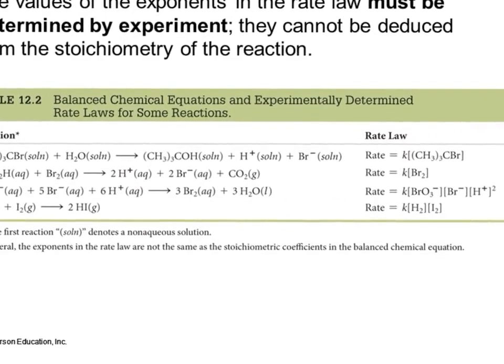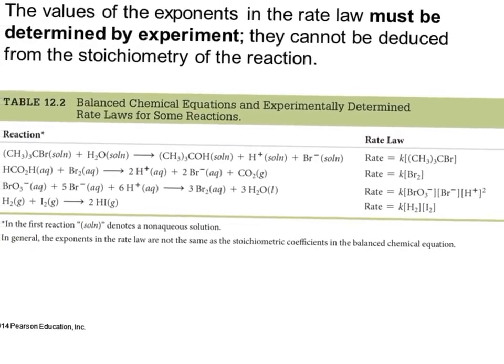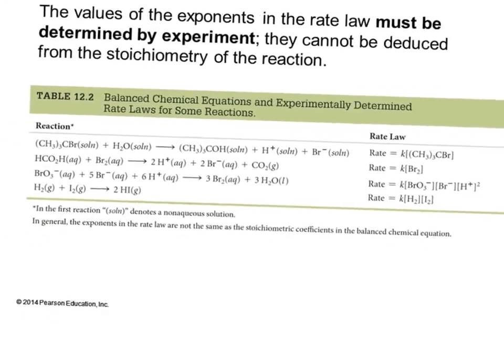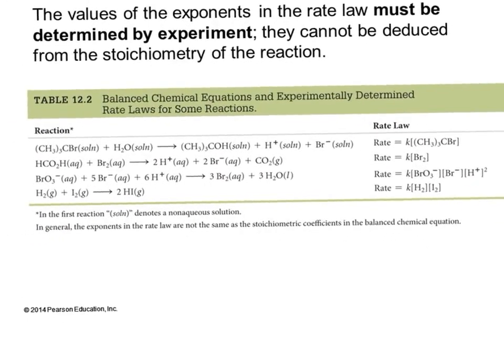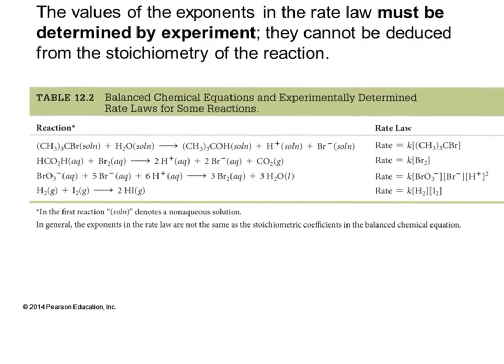Let's zoom in on an old friend here. And this is the reaction that we had. Oh, it's not an old friend. We've not seen this reaction before. But let's zoom in on this reaction right here. An experiment was carried out. Its rate law was found to be as shown here. Notice that there's a coefficient of 5 in front of bromide. Is the exponent over here 5? No, it's not, because this rate law was determined experimentally.